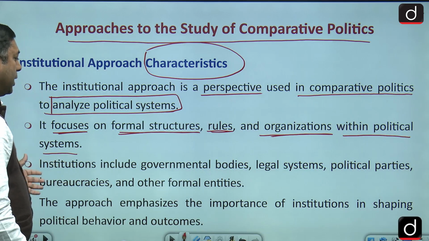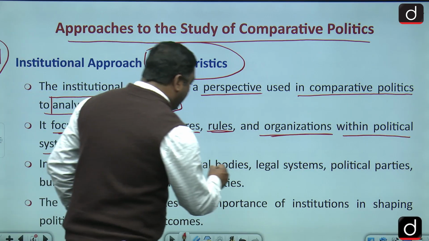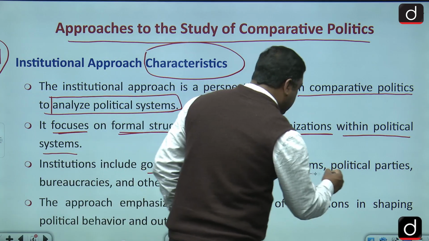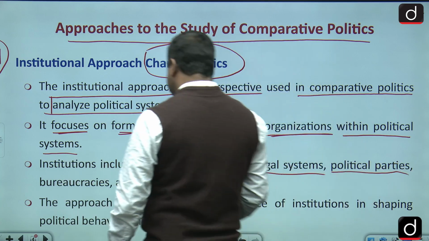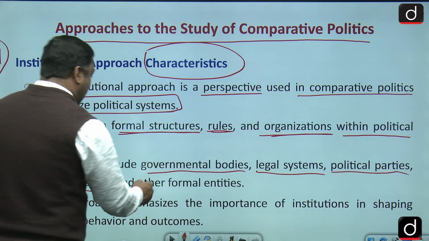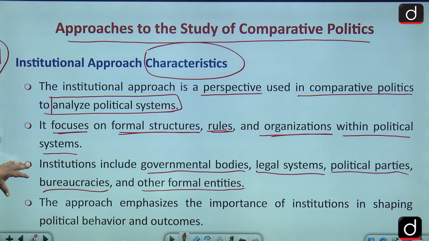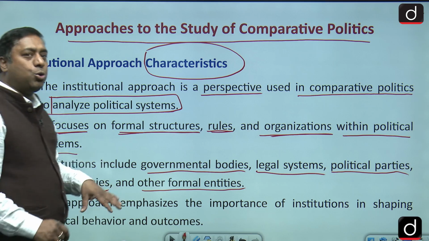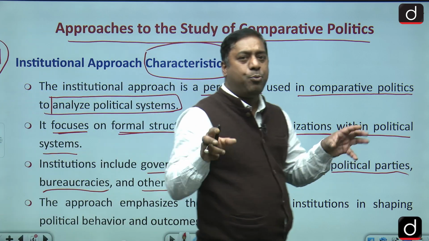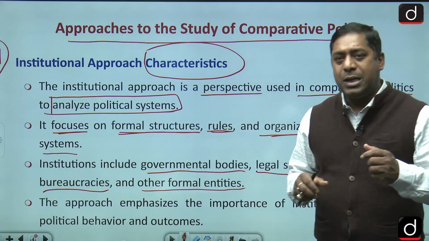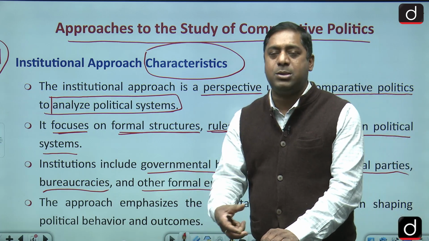Here, the political institution means the government bodies, the legal system, the political parties, the bureaucracies, and the other formal entities. So, in the institutional approach, the institutions are political institutions. And these political institutions are the governments.